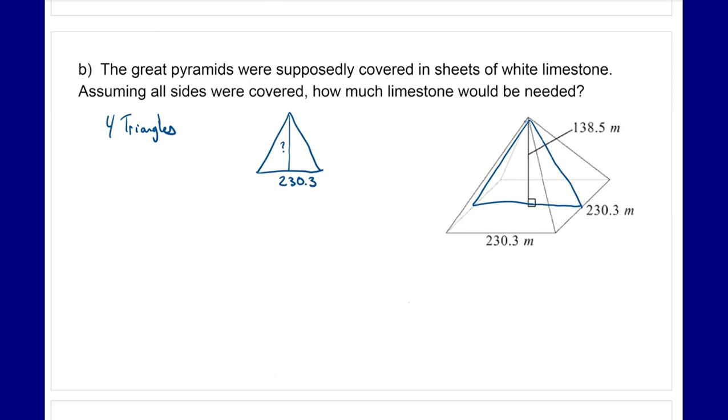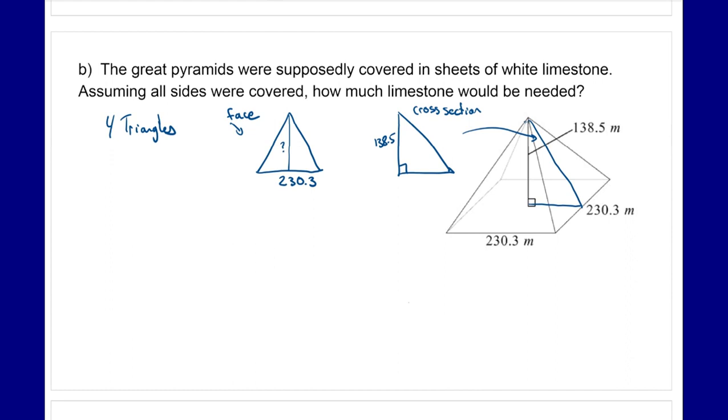And I have the height now of this right angle triangle. So this was the face. This was the cross section. I have a right angle triangle. I have a height of 138.5.